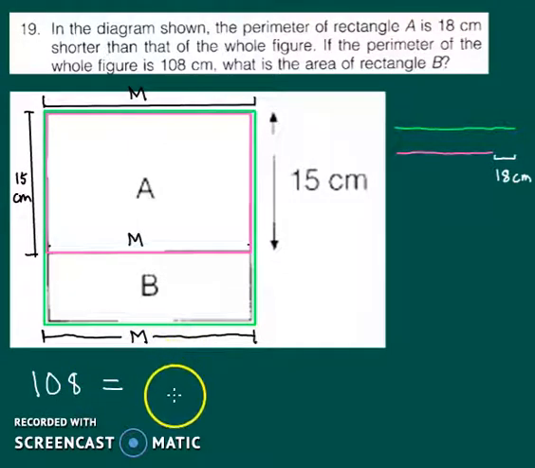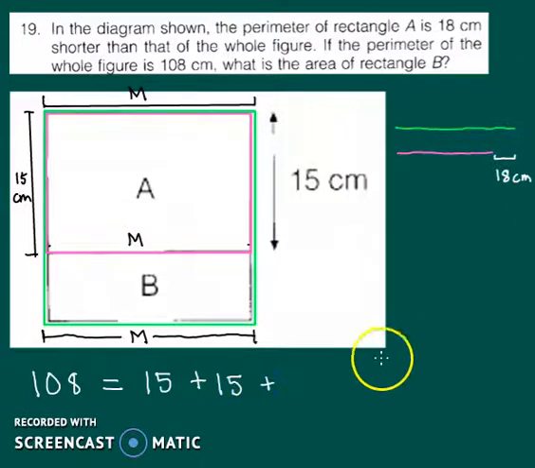As for the perimeter of rectangle A, how do I find that? How do I find the perimeter of something? Well, I have to add all the sides together. So I have 15 on one side, I also have 15 on the other side, so I'm going to add that.